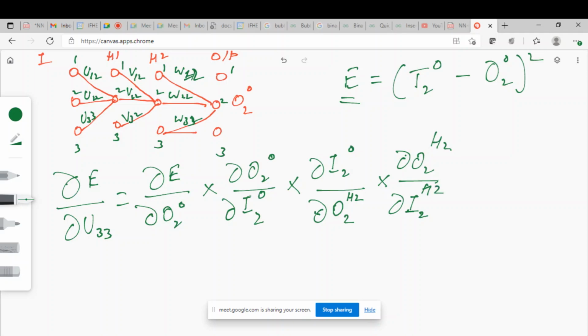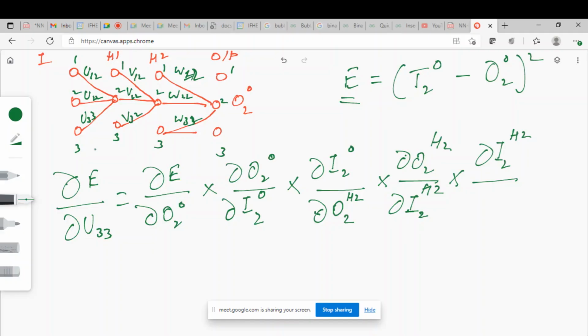I2H2. Here also, the output of the second neuron of the output layer depends on its own input. Similarly, the output of the second neuron of the second hidden layer depends on its own input. Are you getting it? And now this input depends on what? What should come here?